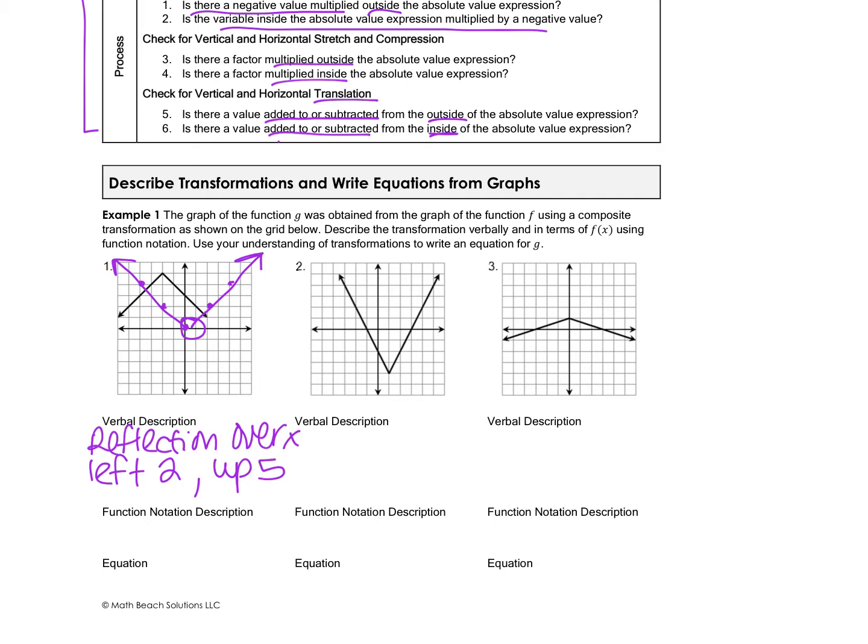You also need to check for a stretch or a compression. Normally our points are like 1, 1, 2, 2, 3, 3, 4, 4. So let's check that. From that point there, notice it's going right 1 but going down 1. So that's that reflection there. So there wasn't a stretch or a compression.